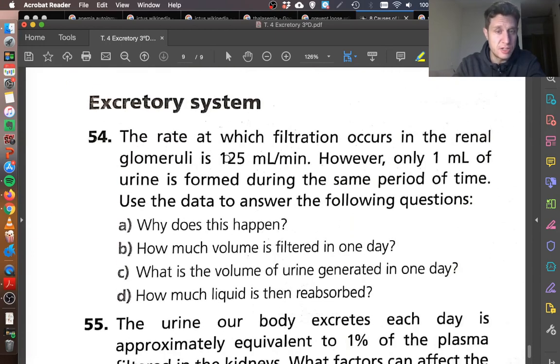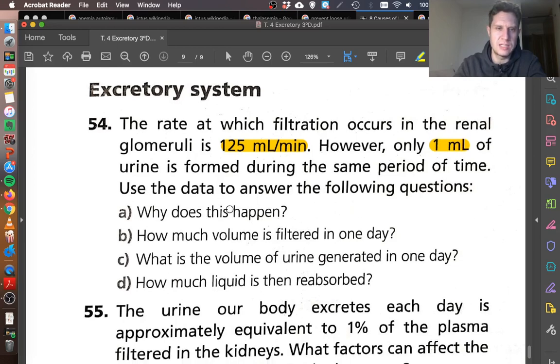The rate of filtration, we already saw, is 125 milliliters per minute, and you get only 1 milliliter of urine. Use the data to answer the following: why does this happen? Why is it so low? Because we cannot filtrate everything, and we are not producing that many toxins.